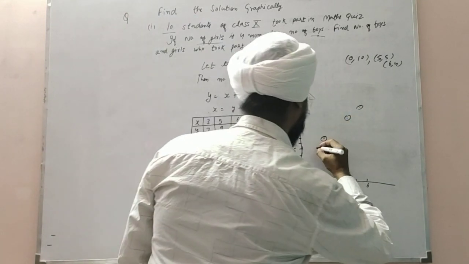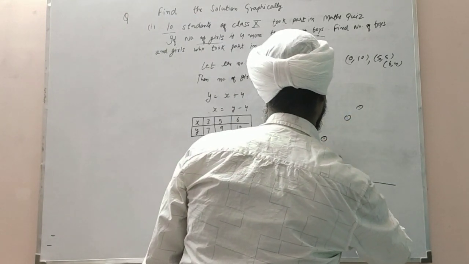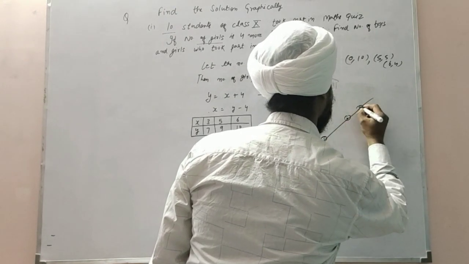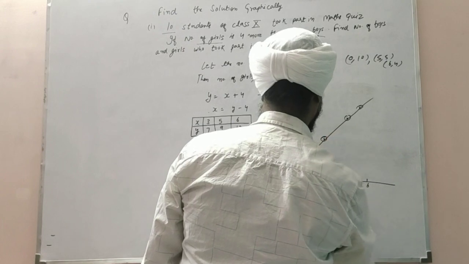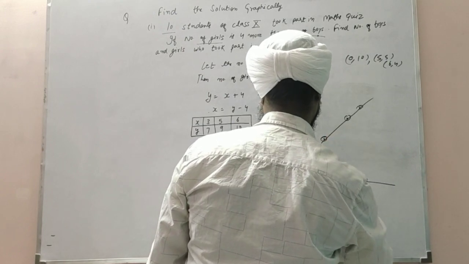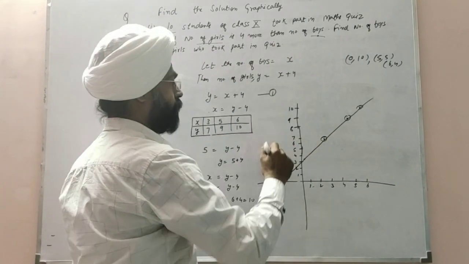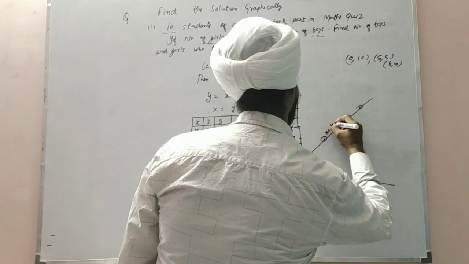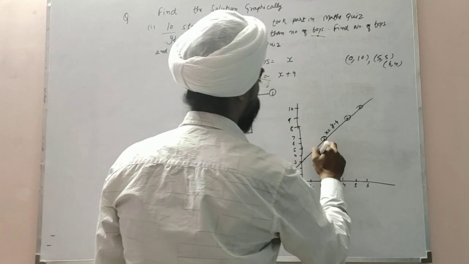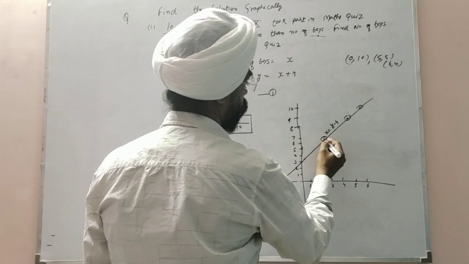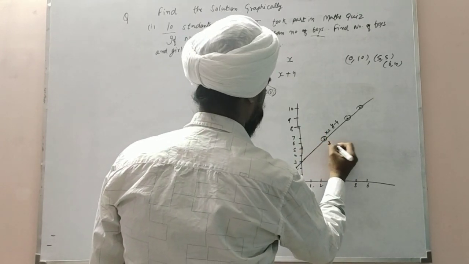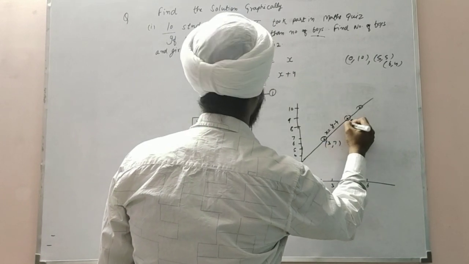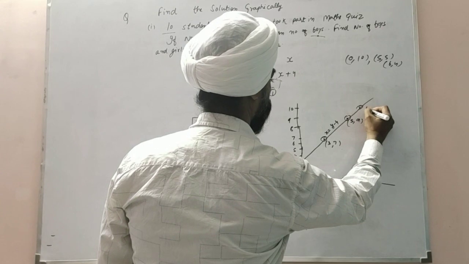So it will become a straight line like this. This is our first line. We can put it as x equal to y minus 4 here, and you can plot these points: x 3, y 7, second point 5 and 9, third point x 6 and y 10.